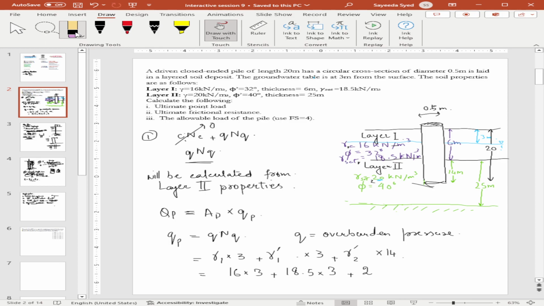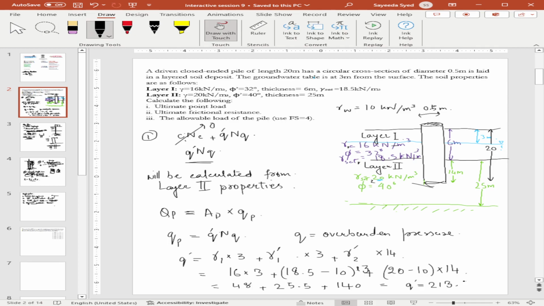This is 48 plus 25.5 plus 140. So our Q dash will be 213.5 kPa.